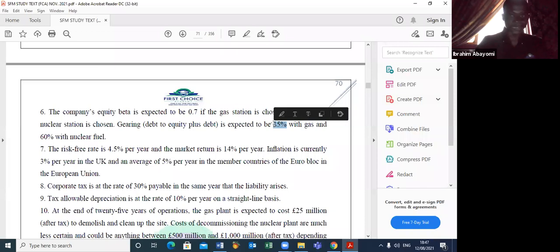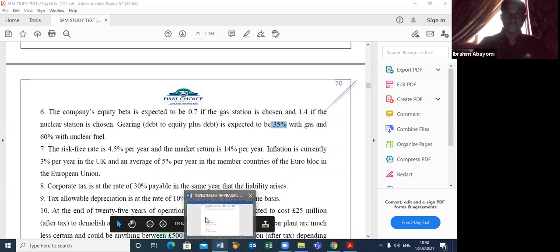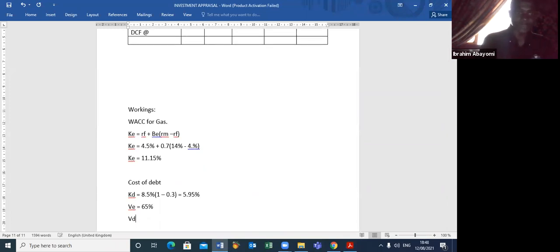Sorry, that's for nuclear. This is for gas. Okay, no, it's for gas. 35% debt, 65% equity. That's our gearing. So the value of equity is 65% and the value of debt is 35%.